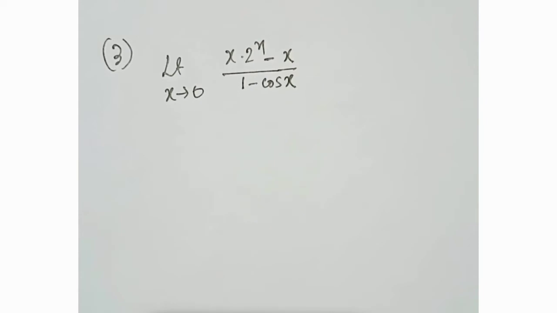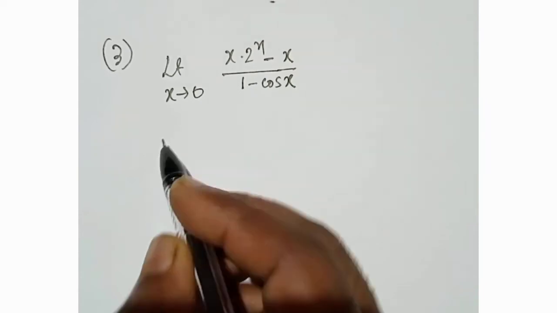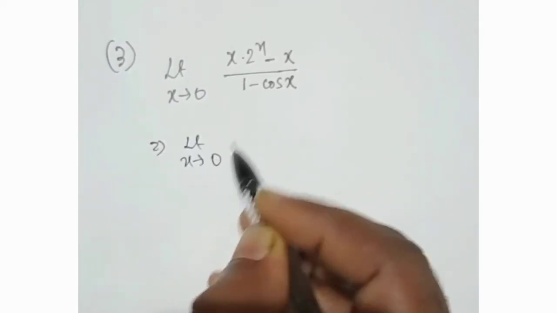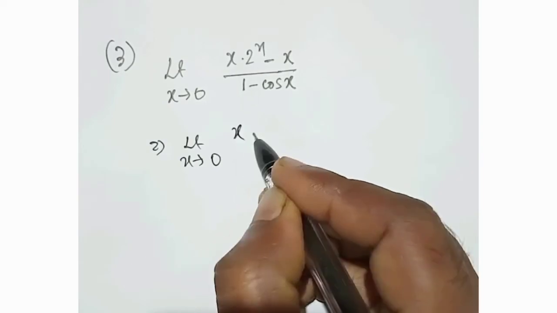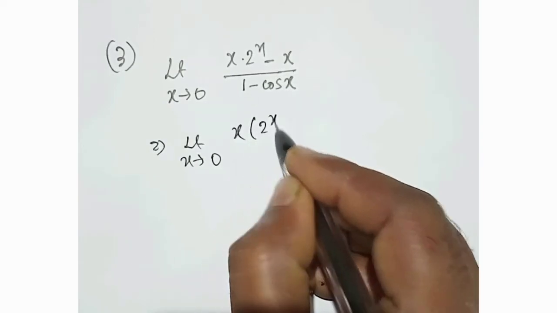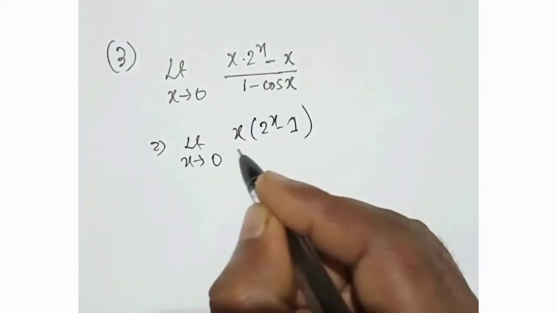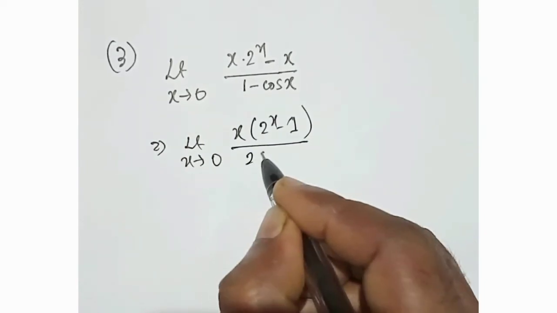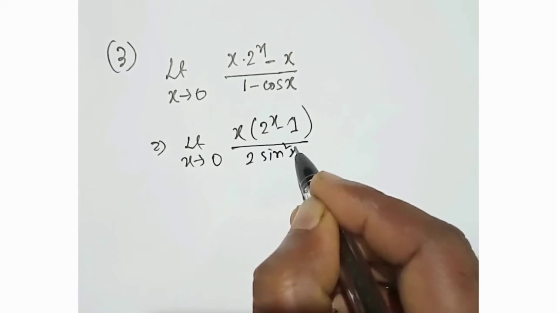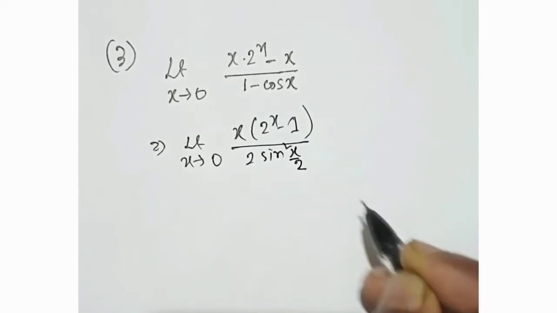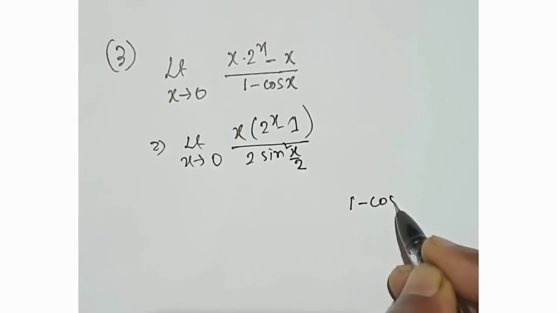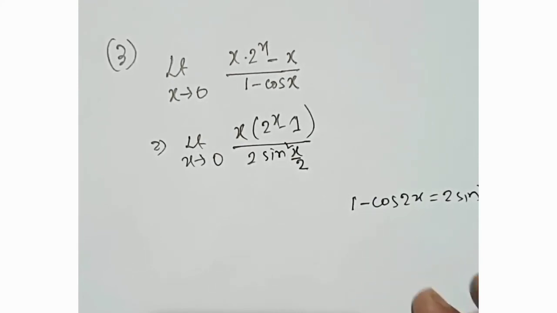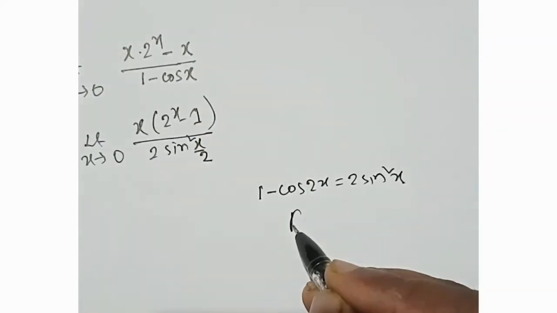So let's just simplify it. Limit x tends to 0, let's take x common, (2 power x minus 1) by (1 minus cos x), which is simply 2 sin square (x by 2), because 1 minus cos 2x is 2 sin square x from the trigonometric formula.